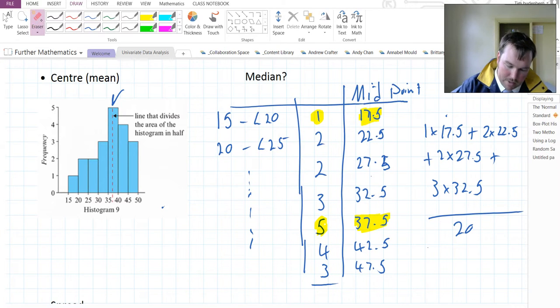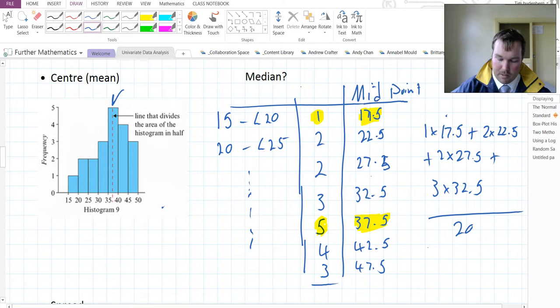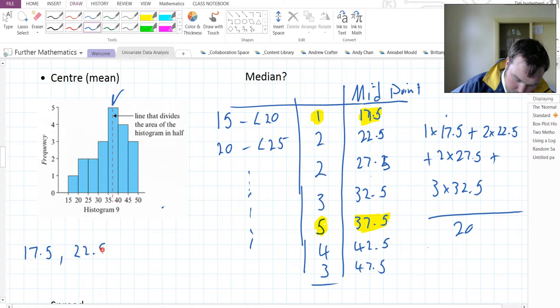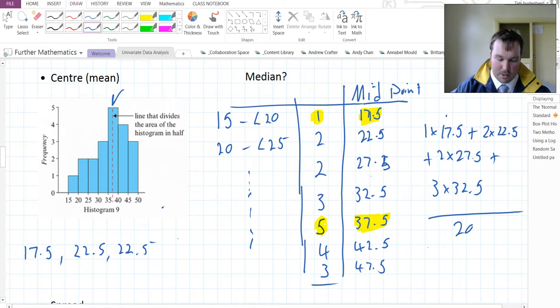Alright, so that's a way to visualise the mean, a way to calculate the mean given a histogram. What about the median? Well, a median is the middle number. So if we lined all these numbers up, we would say, well, there's one lot of 17.5, well, there's 1 in that bracket, and then there's 2 in the next one over. So we would have a 22.5 and a 22.5. And we want to try and figure out, well, where's the middle one?